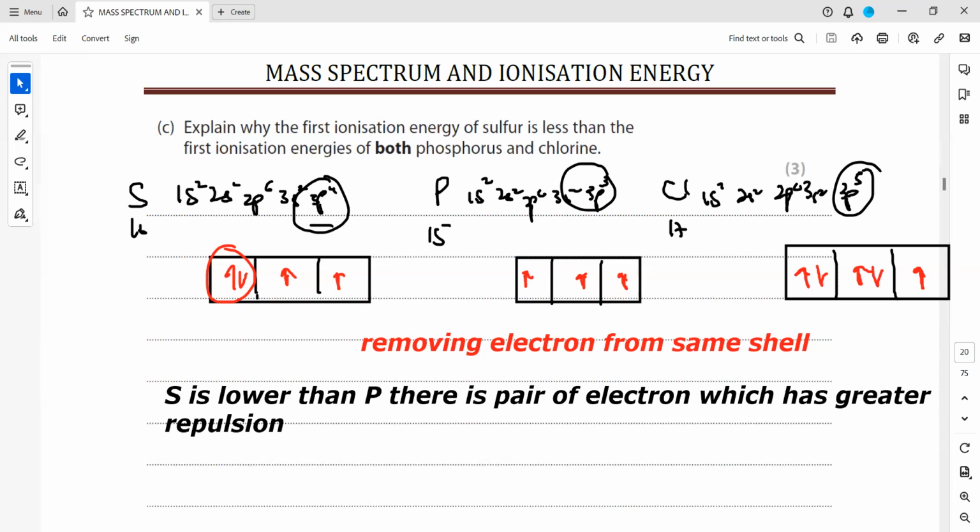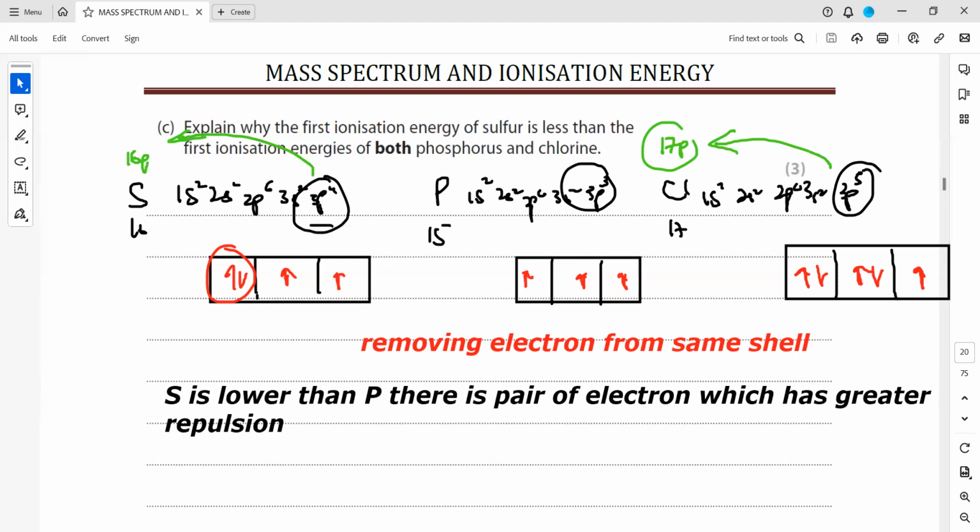But when you check the nuclear charge, sulfur has atomic number 16 and nucleon number 32, so 16 protons are there, whereas chlorine has 17 protons. So 17 protons are pulling these electrons, here 16 protons are pulling. So 17 protons have a greater attraction compared to 16 protons.